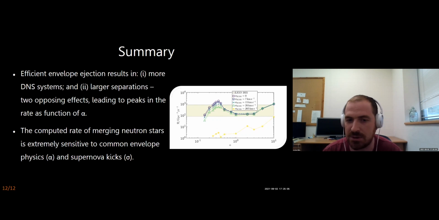I saw they have it in a table, not in a plot like this, but they have a maximal rate for alpha equals 7. So they have the rate rising with alpha, peaking at 7, and for higher alpha they have a lower rate. So I think this is similar to our second peak. So yeah, comparing to other works is definitely very important. We're working on writing the paper now, and hopefully we'll mention all the relevant previous works.